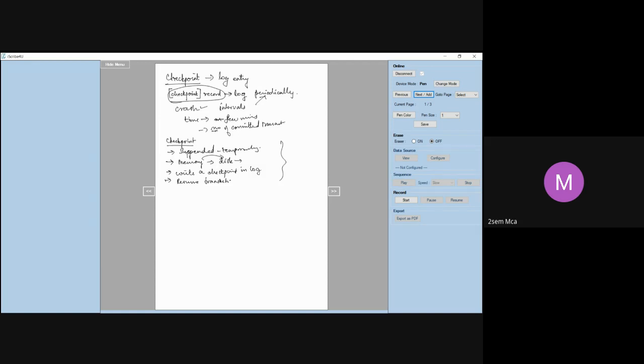When the recovery manager tries to do a checkpoint, these are the steps. All the transactions under execution first have to be suspended. After you suspend them, you write all the memory pages which have been modified into the disk. You go for the force write approach. Force and no force, we saw 2 approaches, right?